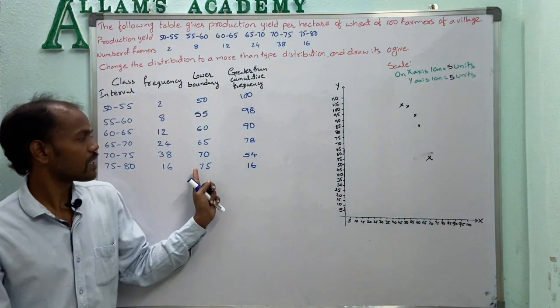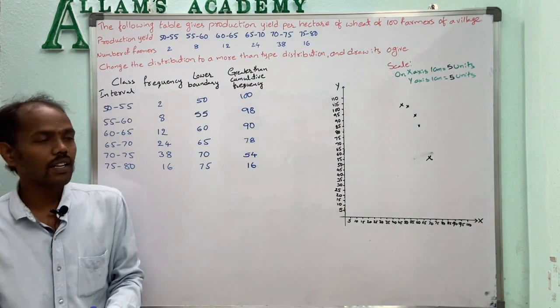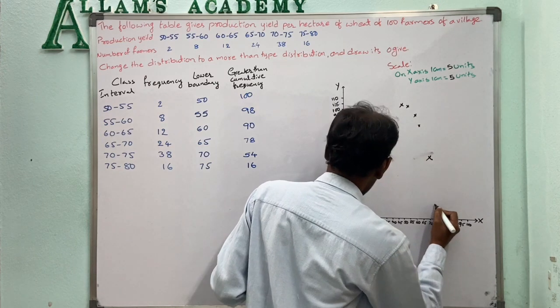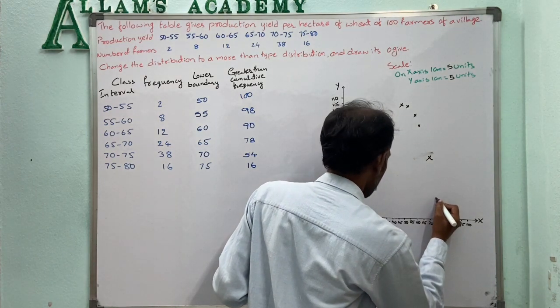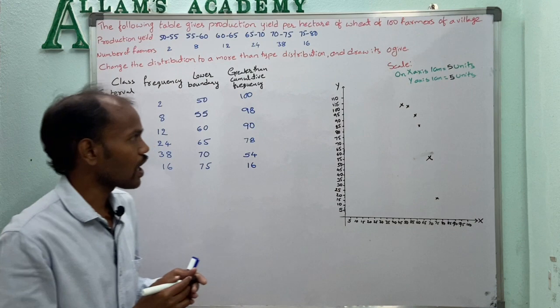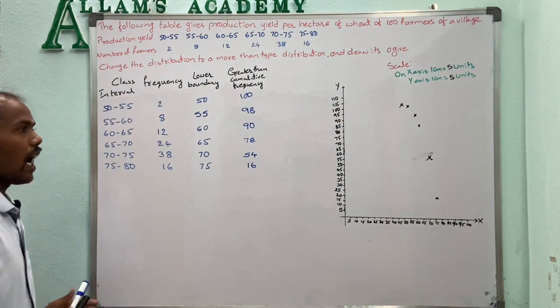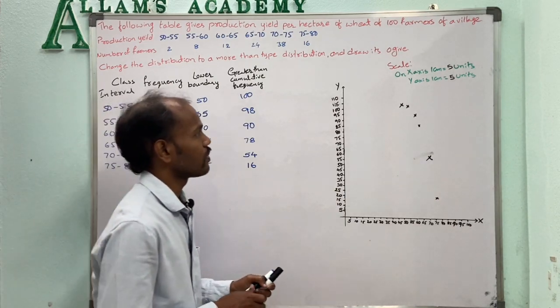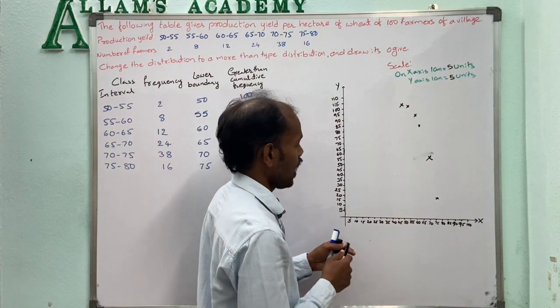Next, for that 75, the corresponding ordinate is 16. Now if we join all the points, we get the graph, that means the curve.